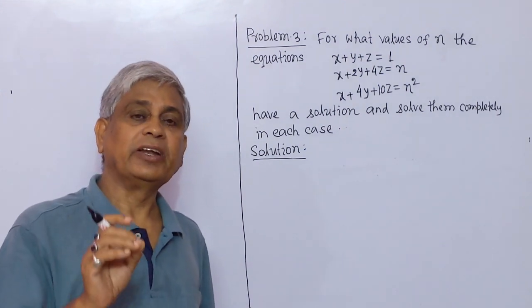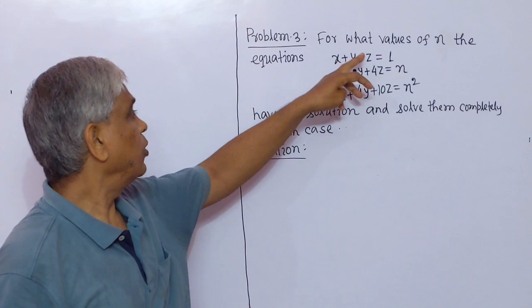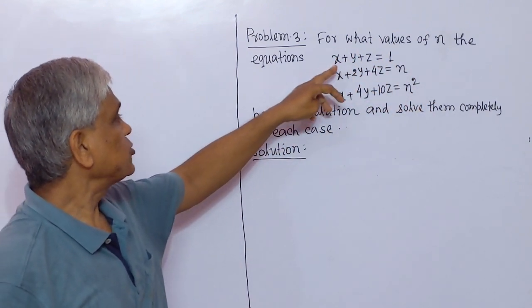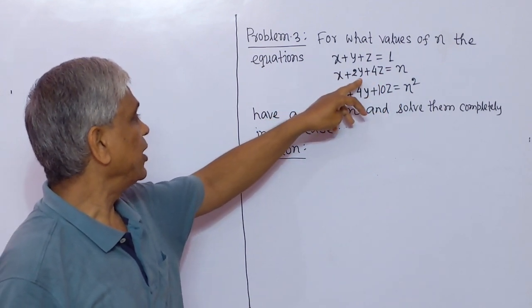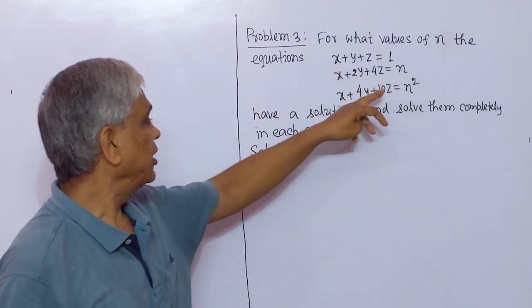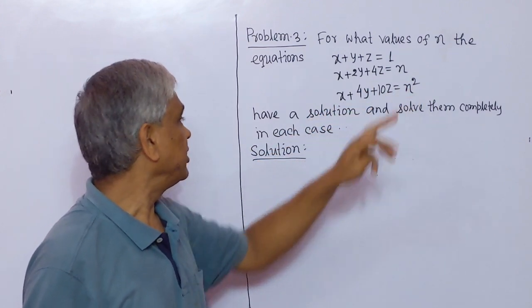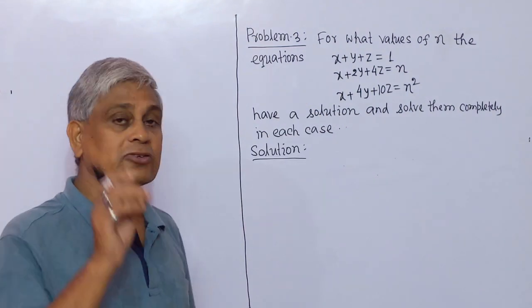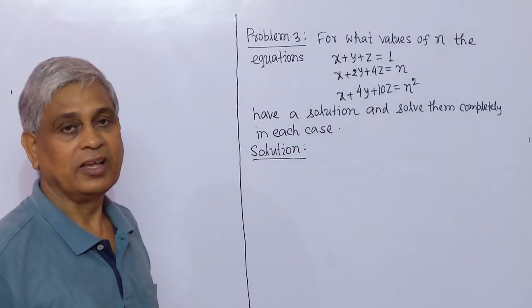Now we solve the next problem. The next problem is: for what values of eta do the equations x plus y plus z equal to 1, x plus 2y plus 4z equal to eta, x plus 4y plus 10z equal to eta square have a solution, and solve them completely in each case.